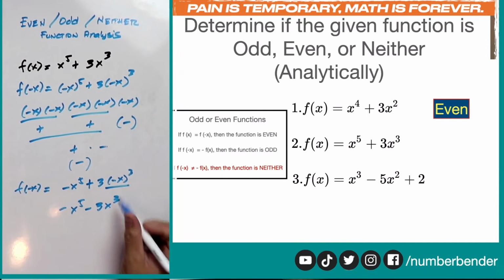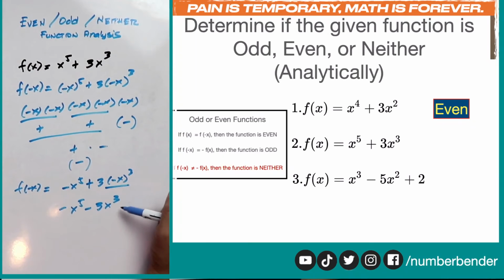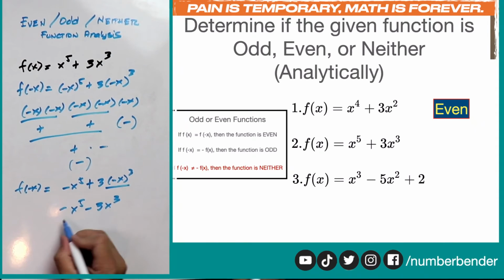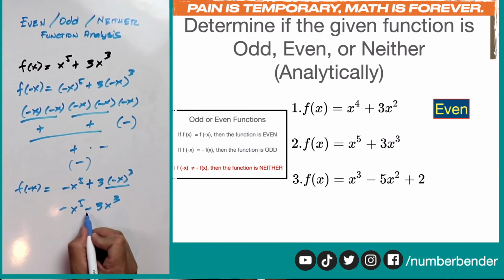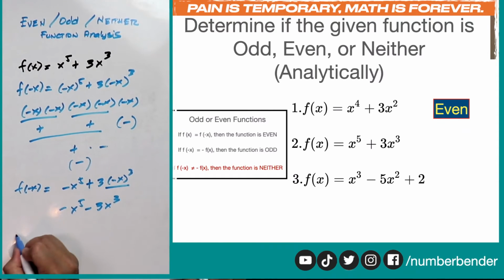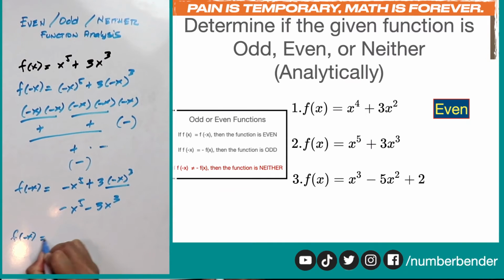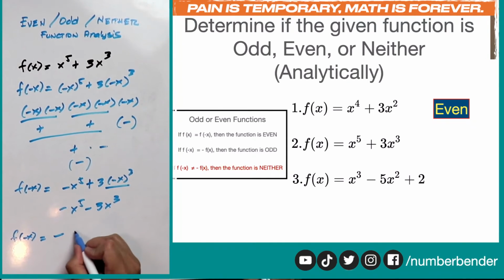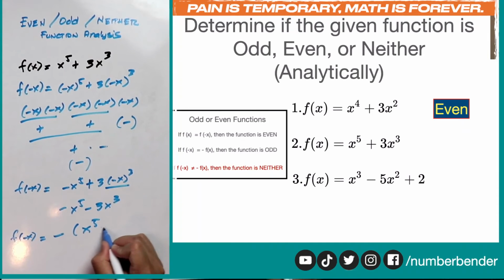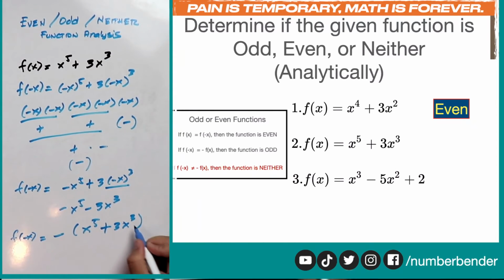And you will notice that f of x and f of negative x are not the same, but if we modify this by factoring out the negative from our function, f of negative x will turn into negative of x to the fifth plus 3x cubed. And we know that x to the fifth plus 3x cubed is our f of x.